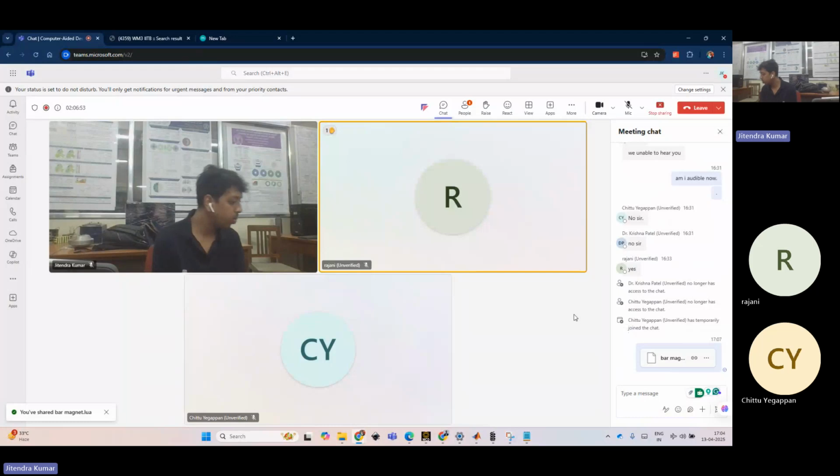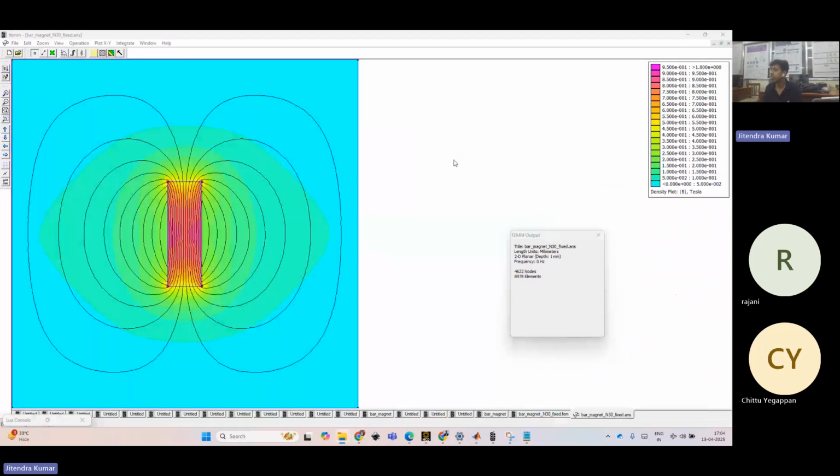Okay, so I hope you will be able to download it and you just run it on your own. If you haven't installed this software, install it once. You go through each line wherever I have explained, or you could also search online, and this is how you will be able to see the flux contour. So as we assign the magnetization in this direction, you can see that it is going from here and coming from here.